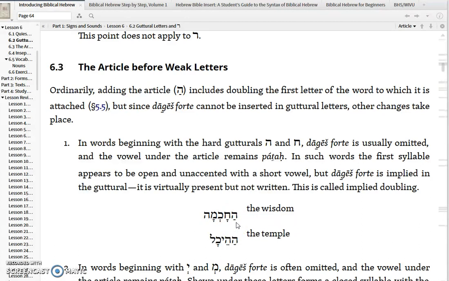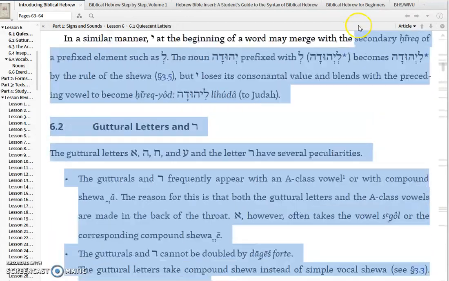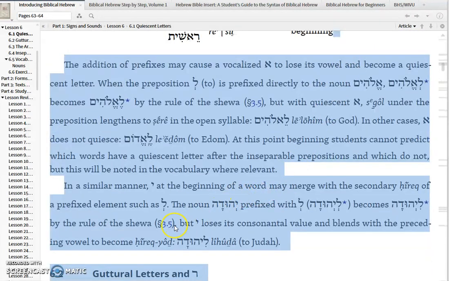But article hey says, no, that's the rule. The rule is hey with a patah, and then I double you. But the het says, no, I'm a weak letter. I cannot be doubled. And anyway, the hey tries to double the het anyway. The het spits it out. It shoots off in outer space and disappears far, far away.